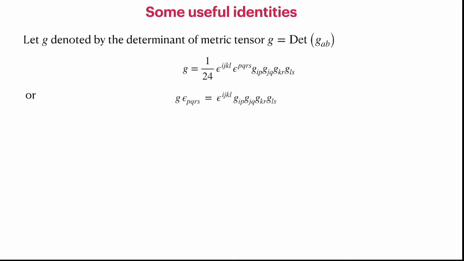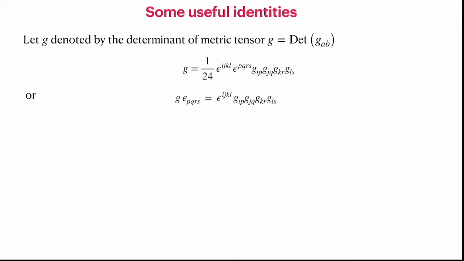So we can go ahead and multiply it further by epsilon ijkl and simplify it to get one more identity, where we have the determinant G multiplied by epsilon pqrs, and on the other side you have epsilon ijkl and the various metric tensors.